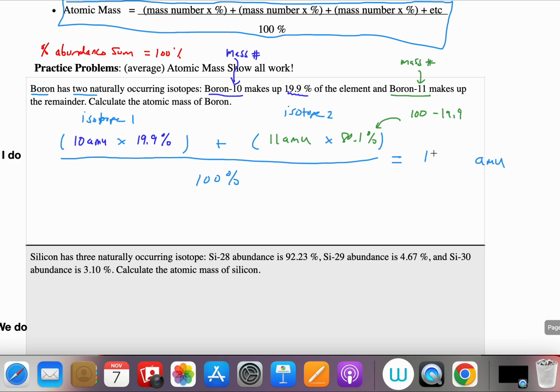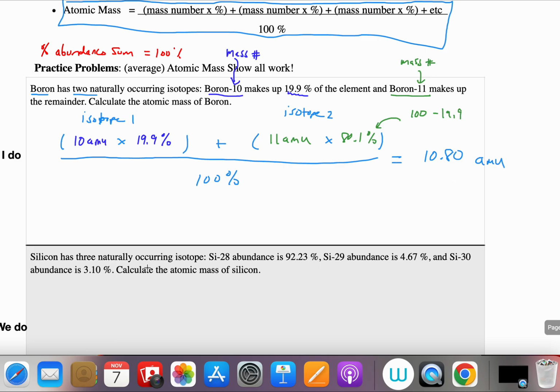When I put this in the calculator, it becomes 10.80 AMUs. Now, does this answer make sense? Because it's a weighted average, whatever you calculate for the atomic mass of an element must fall within the range of the given isotope masses. 10.80 falls between the isotope masses of 10 and 11, so it makes sense.